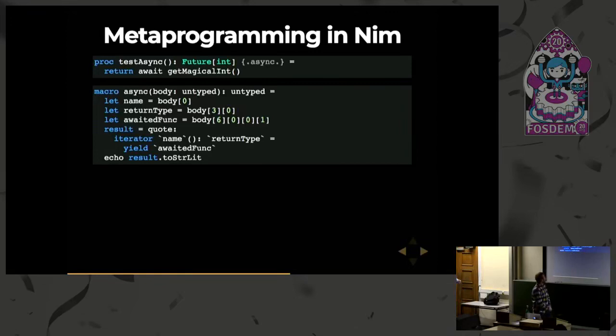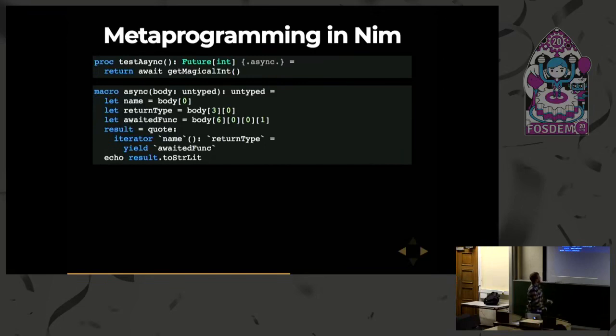And then we use this nice feature in Nim, which allows us to basically quote what we want to output in our macro. We use the backticks to fill in the AST nodes that we want. And basically that will be the result.